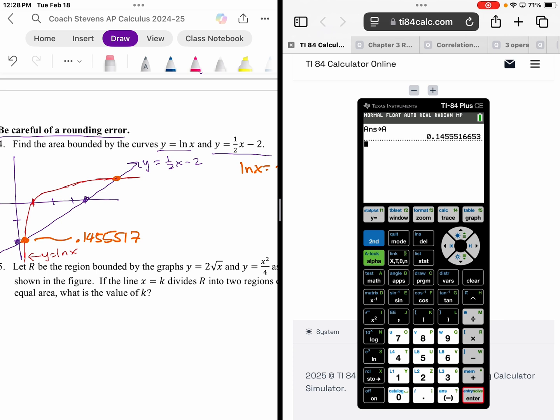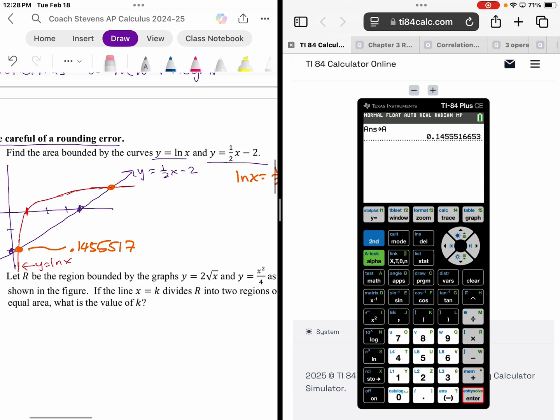It's going to take that whole long x value and store it for the letter A for me. So that when I do my Math 9 feature, I can just use A and B. So for note-taking purposes, I'm going to say x is equal to that, and I'm going to store it in for A. This is what we can do on a free response: we say x is equal to that number, and then store it in for A, so that when I write my notation, I don't have to write the decimals. I can just use A and B.